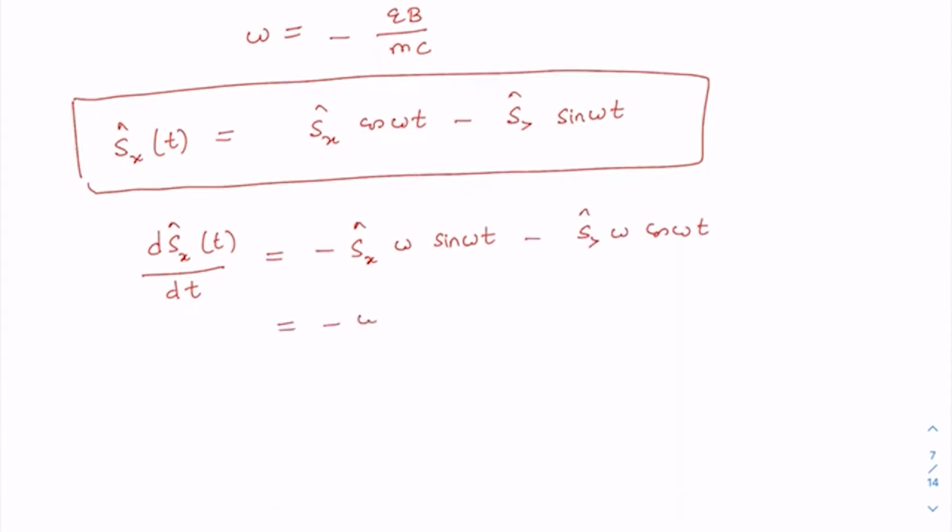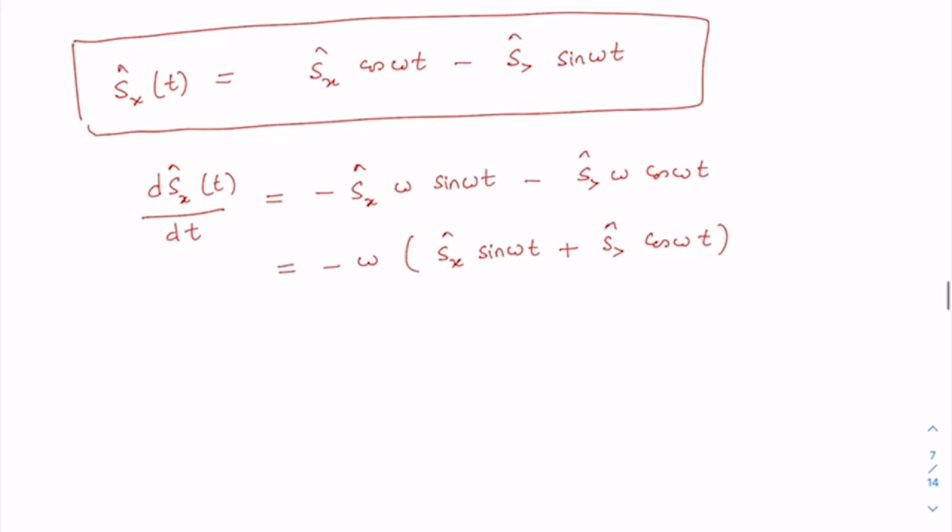Therefore, I have minus ω Sx sin ωt plus Sy cos ωt, and it will turn out that we can actually verify it later on.